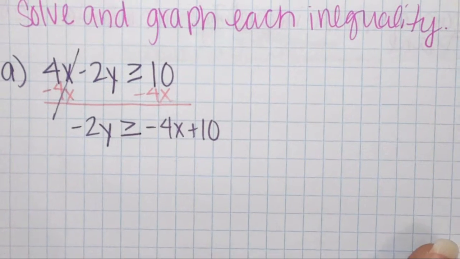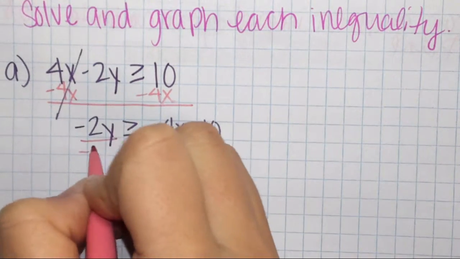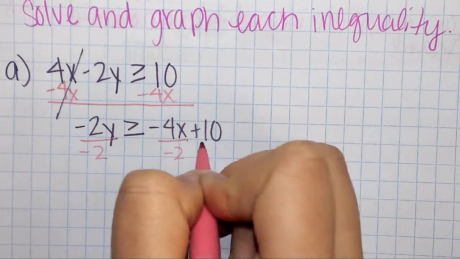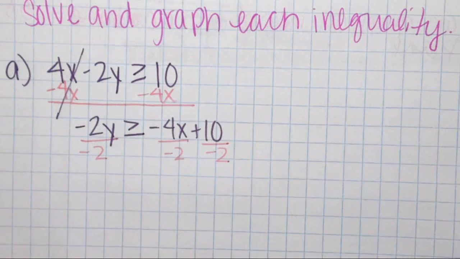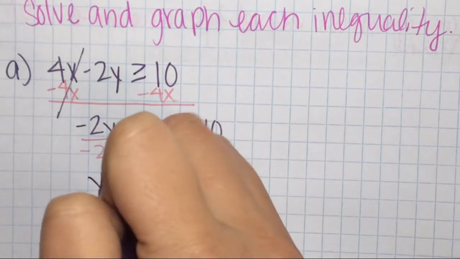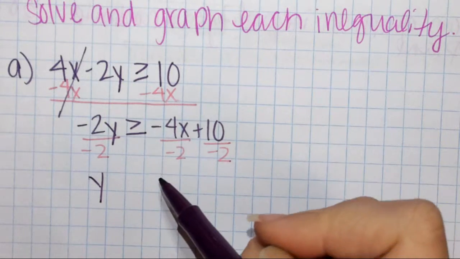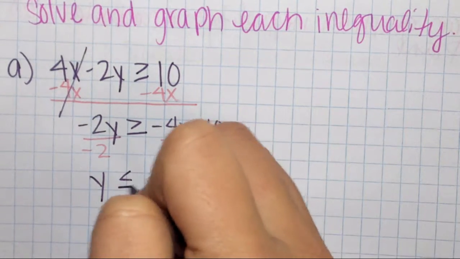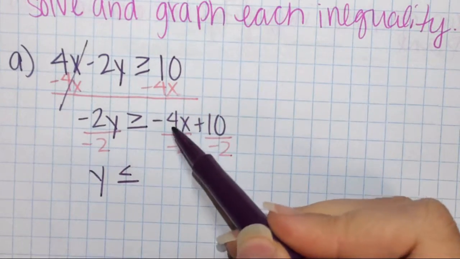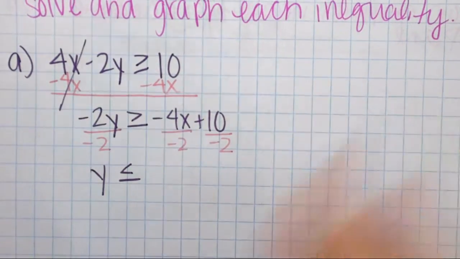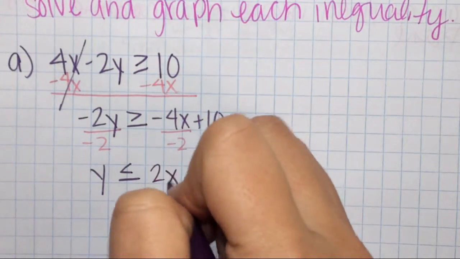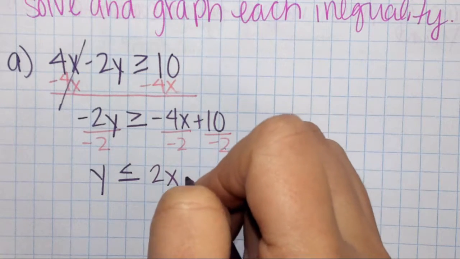Then what do I do from here? Divide by negative 2. Do I divide everything by negative 2 or one of the things? Everything. Do I also flip my sign? Because I divided by a negative. Alright, what's negative 4 divided by negative 2? 2x. And then what's 10 divided by negative 2?